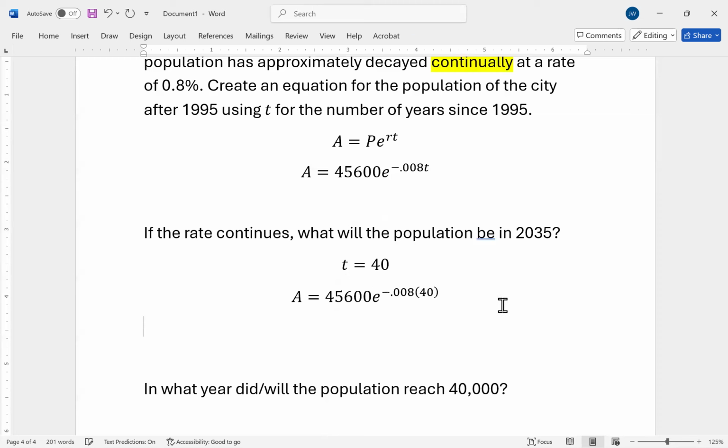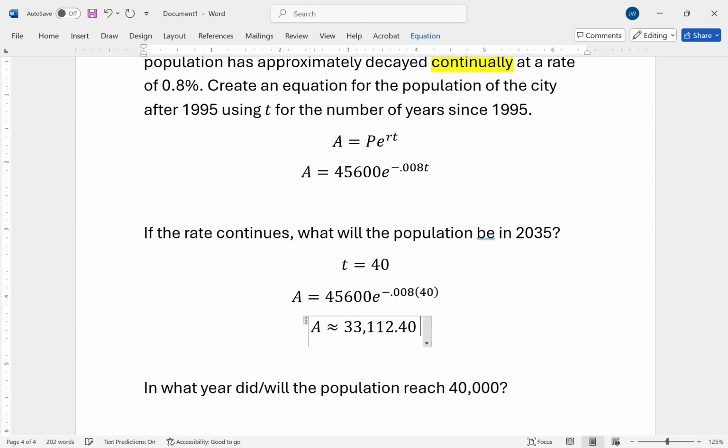Obviously, we're going to put this into our calculator and get an approximate amount. So just type that in: 45,600 multiplied times E to the negative 0.008 times 40 becomes 33,112.40 if I round to 2 decimal places, or 33,112 if I round to the nearest whole number.